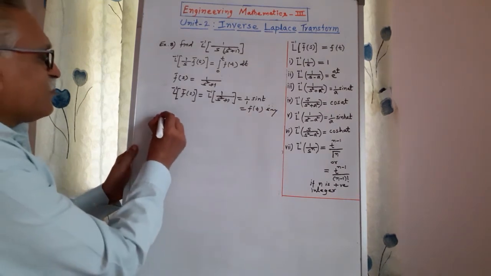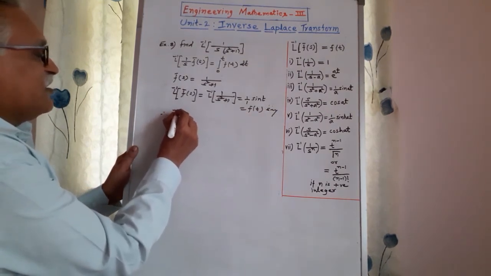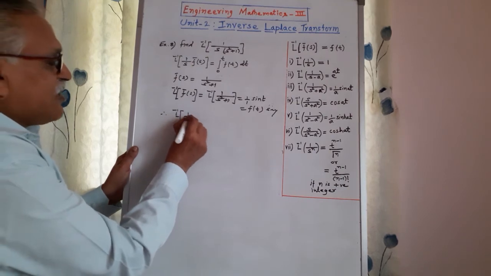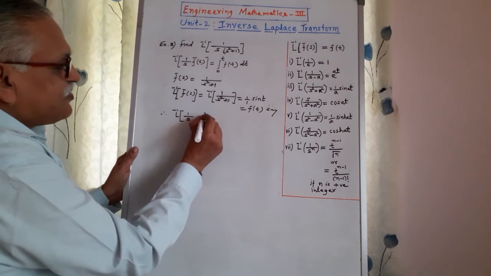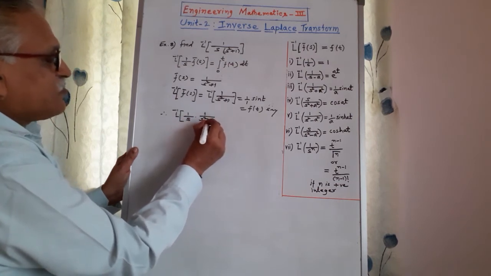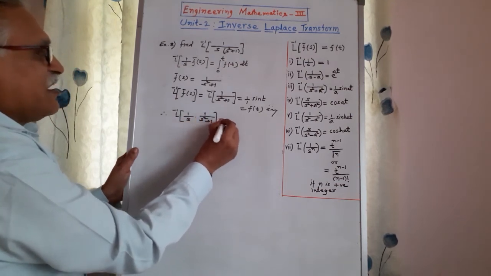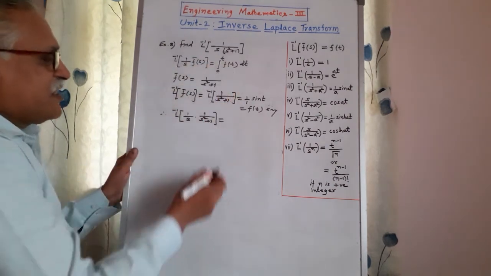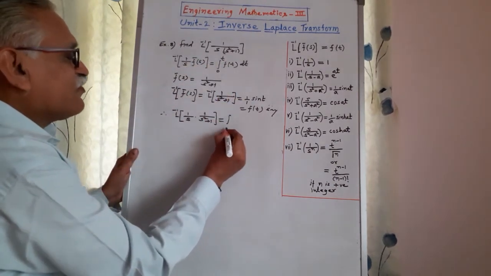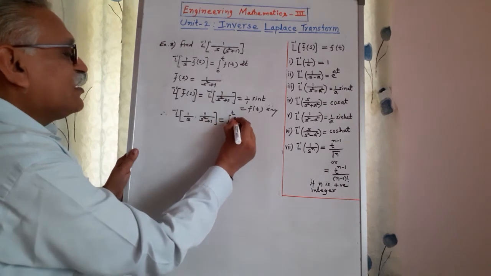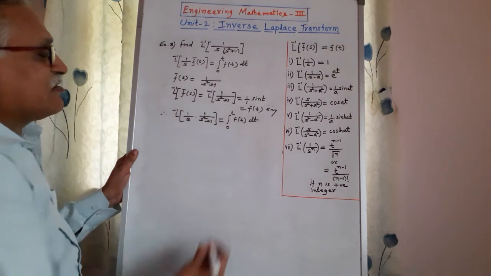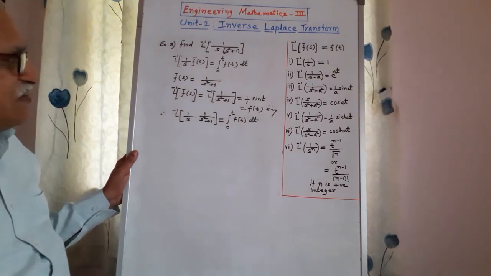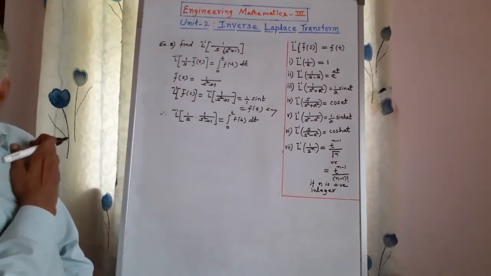Okay, and therefore inverse Laplace of 1 by s into f bar of s, where f bar of s is here 1 upon s square plus 1, as per this theorem, is integral from 0 to t f of t dt.